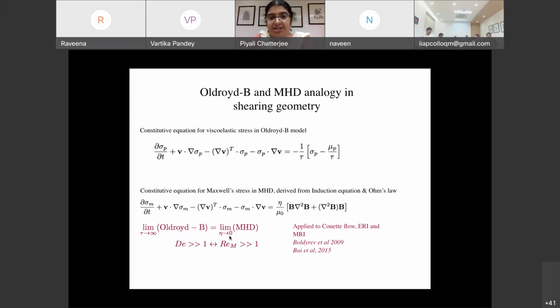Eta is the resistivity. So in the regime of high conductivity and high relaxation time, the Oldroyd-B model is equivalent to the MHD model. This has been shown experimentally as well as theoretically in a shearing geometry. A shearing geometry is like a quiet flow geometry where you have two concentric cylinders with a fluid, and you are shearing.